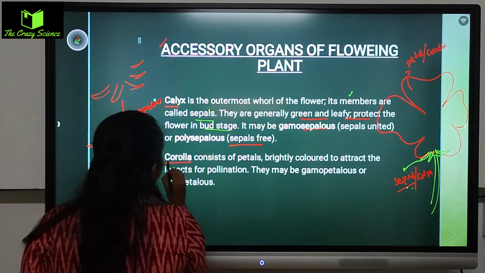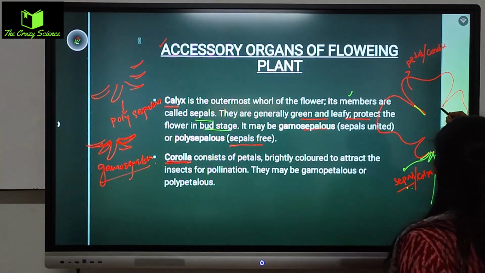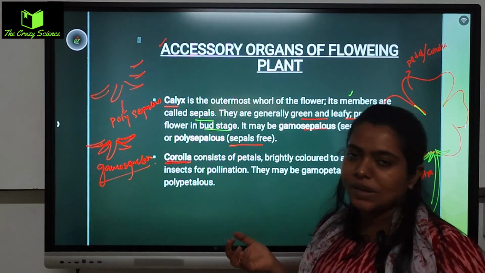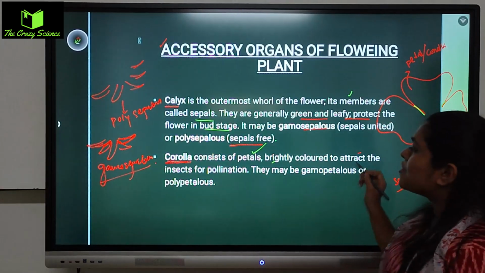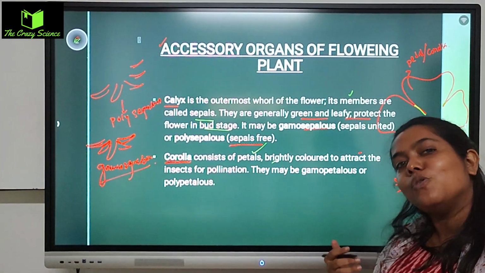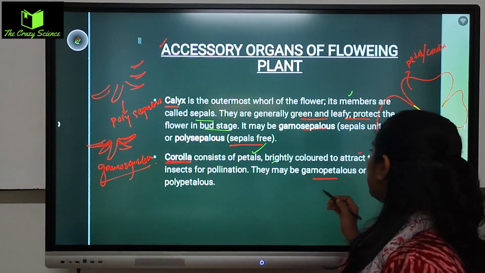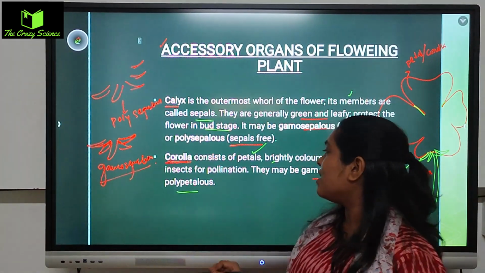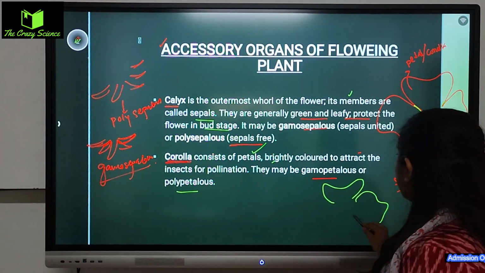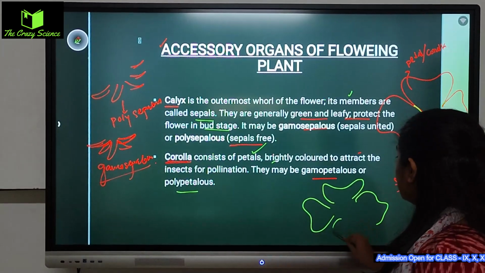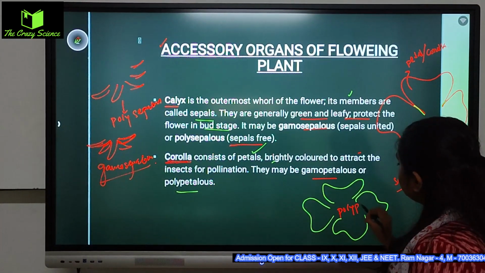In the same way, another part is our corolla. This is called the beautiful corolla, consisting of the petals over here. The bright color attracts the insects for the pollination and they are also equally important for protection. They may be gamopetalous or polypetalous. If the petals are free, not attached with each other, these are called polypetalous.